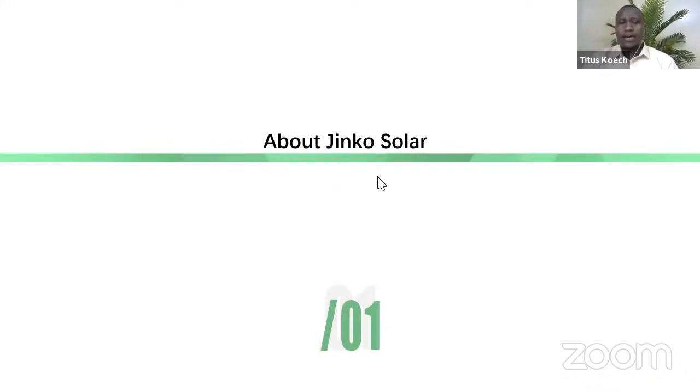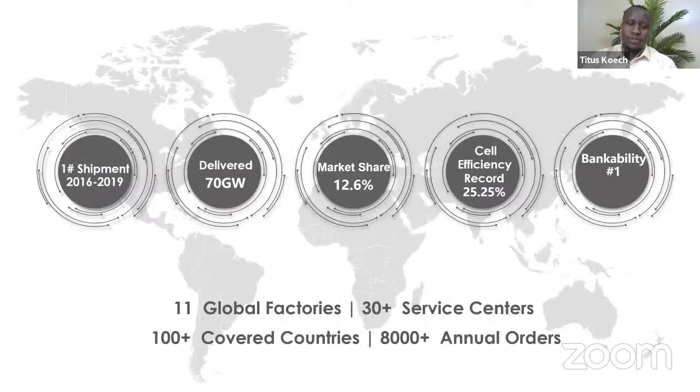So Jinko Solar. I know most of you might be knowing about Jinko Solar. When you talk about solar PV modules, of course, what comes into your mind is Jinko Solar. Jinko Solar is a PV module manufacturer. We were established in the year 2006, doing production of solar PV modules and also cells.